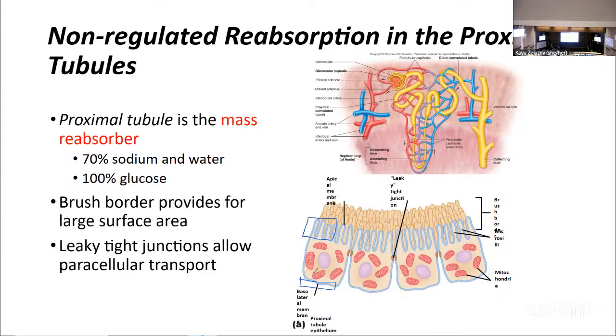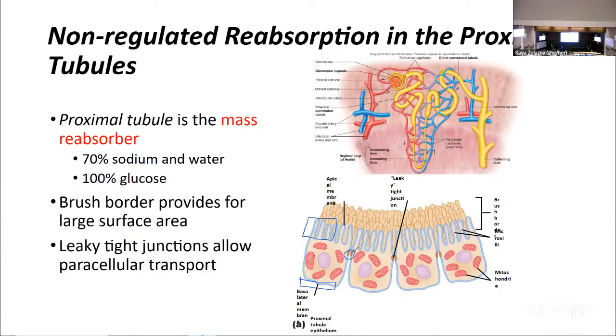Now, when we look at how the cells are attached to each other here in the proximal tubule, we're going to notice these little coffee bean looking things on the image. So these are tight junctions. We usually think about tight junctions as forming a solid seal across a layer of cells, across a membrane.